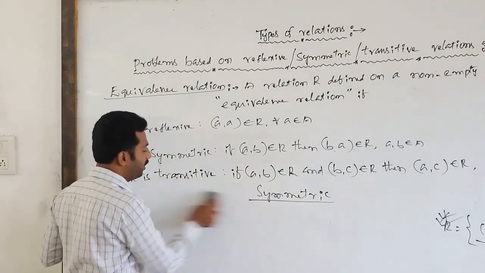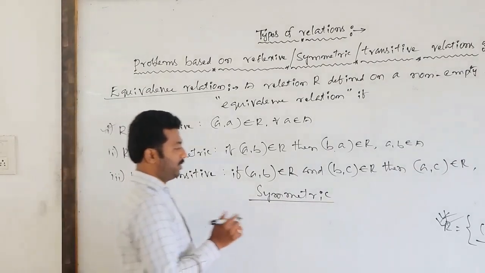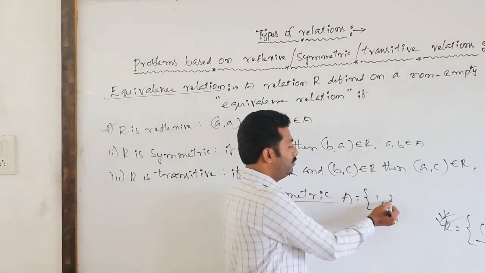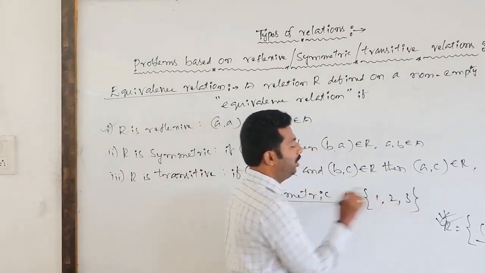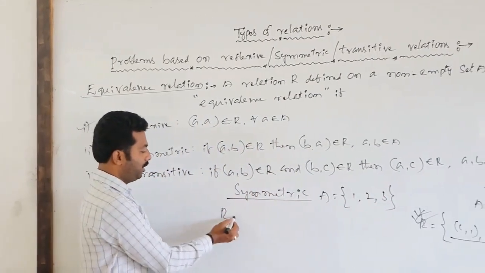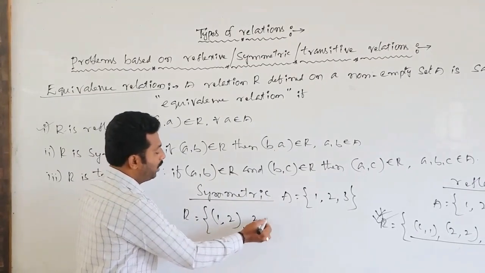To check symmetric nature in relations, what is the definition you observe? Here a non-empty set will be there, no problem, but we are not considering the non-empty set, only pairs we are considering. Suppose (1, 2) is there, we have to check whether (2, 1) is there or not.